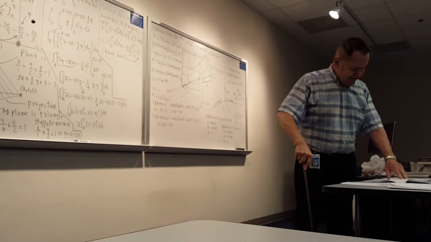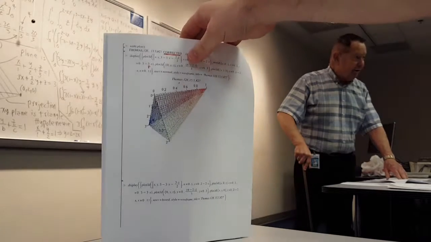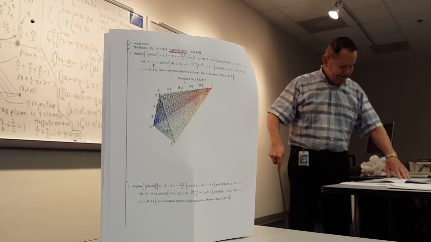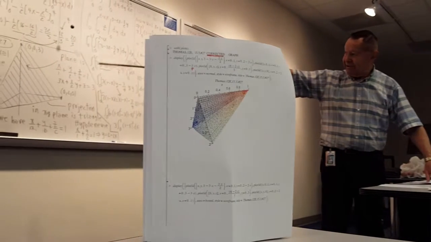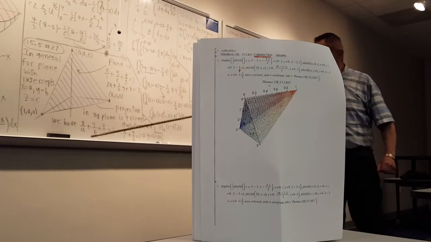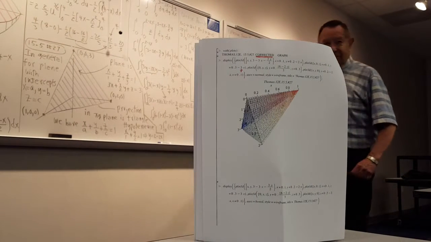It's a little bit different angle on it than what I've drawn there, because the Maple version is showing one of the sides and then showing this, so this is kind of rotated.